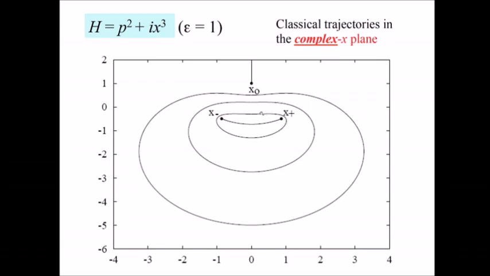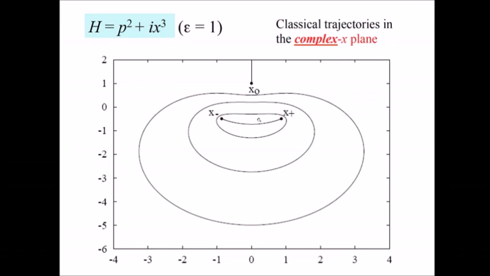And instead of the particle orbits being ellipses, these are elliptic functions. But the particle goes in a closed orbit. So the particle goes back and forth between the turning points in the complex plane. But if it doesn't begin on a turning point, it goes around in an orbit.